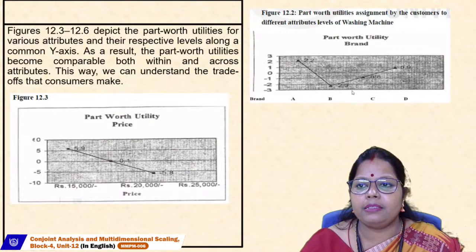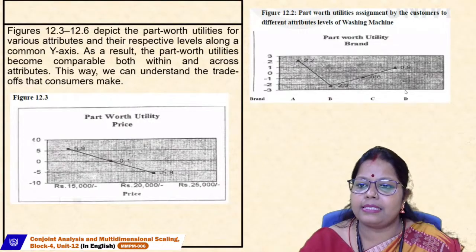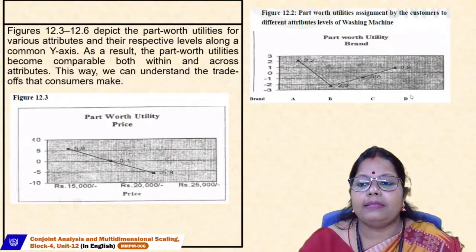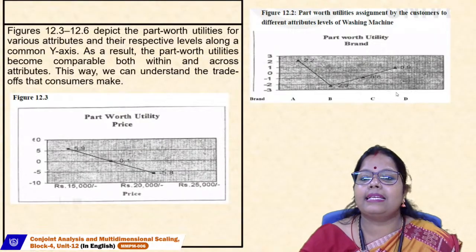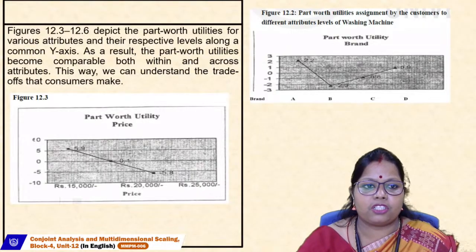It is not preferred by the consumers. Coming to brand C, it is 0.8, which is a medium one, but 0.9 is the second highest brand chosen by the different consumers.